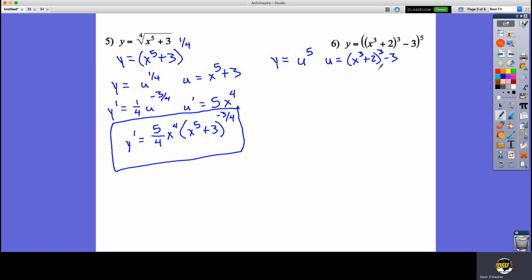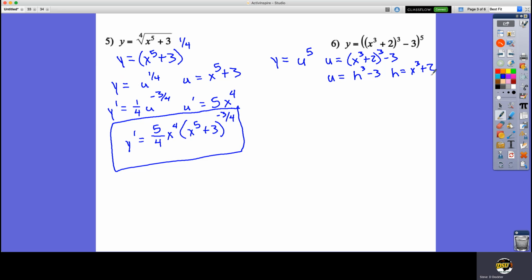But inside u, we also have this expression raised to a power, so we're going to have to do another chain here. So u is going to equal, and I'm just going to put in another variable, h cubed minus 3. And then h equals x cubed plus 2.